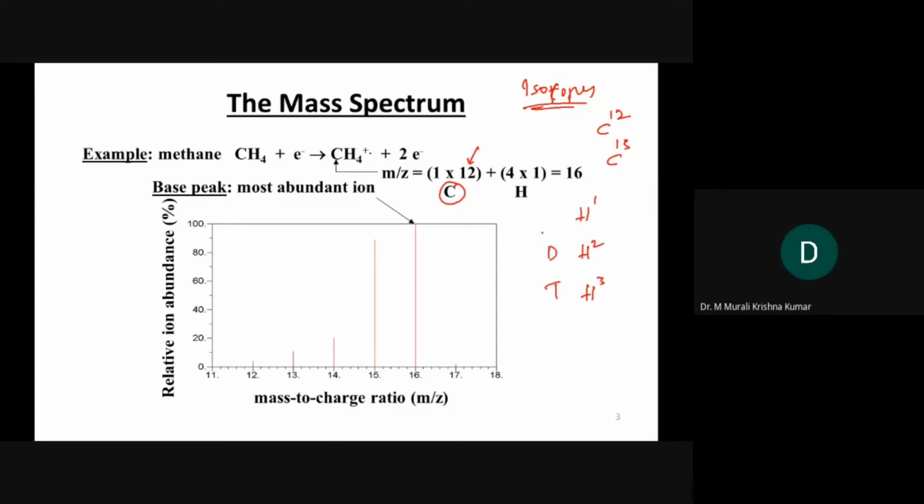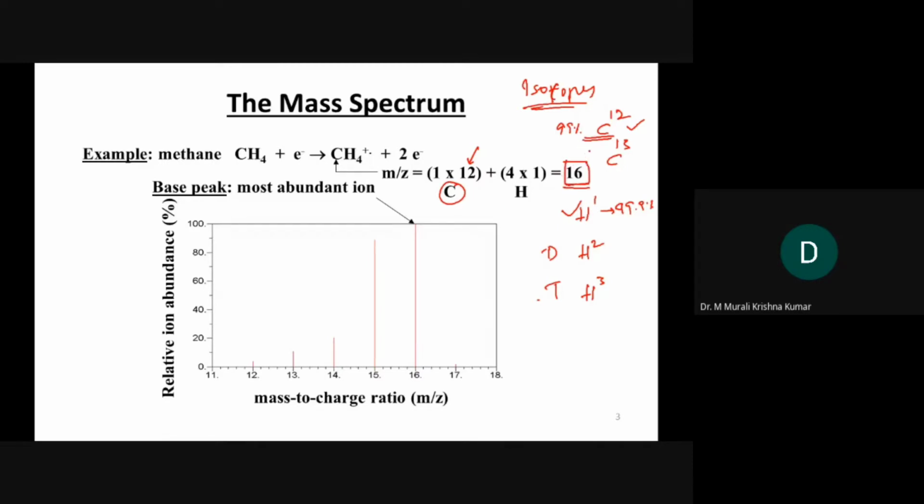But on an average, more quantity of carbon 12 will be there, approximately 99%. In case of hydrogen, almost 99.9% is only proton. Deuterium and tritium are very, very, very less. Hence, we presume that the molecular ion shall be 16.